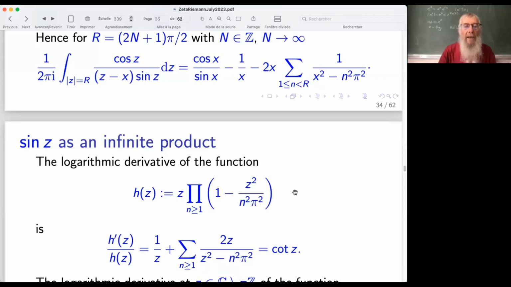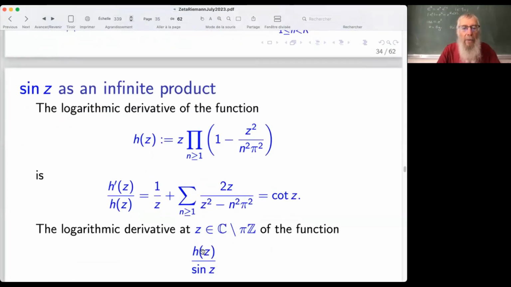And the logarithmic derivative is h prime of z divided by h of z. We take the logarithmic derivative of z, which is 1 over z, and the logarithmic derivative of the product, which gives 2z over z squared minus n squared pi squared, and we recover the cotangent of z because of what we proved just before.